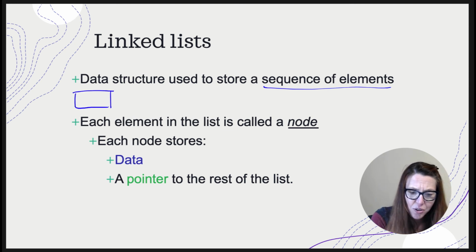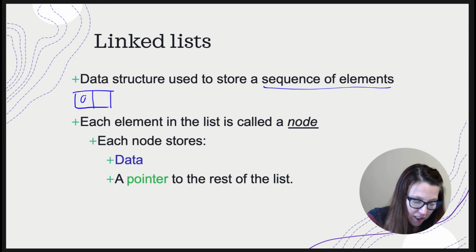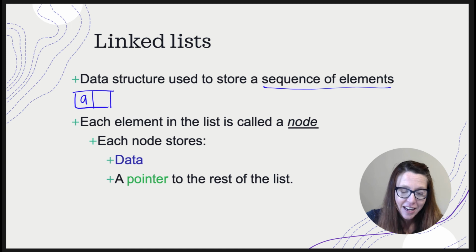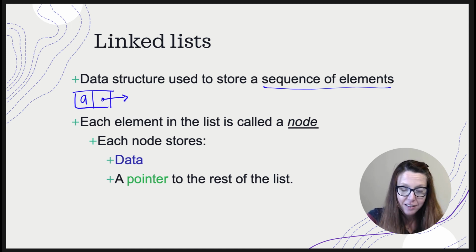We'll have these nodes, and each node is going to hold some data. For instance, if I had a linked list that was going to hold the letters of the alphabet in sequence, the first node is going to hold the data, which is the letter A, and then it's going to hold a pointer to the rest of the list.